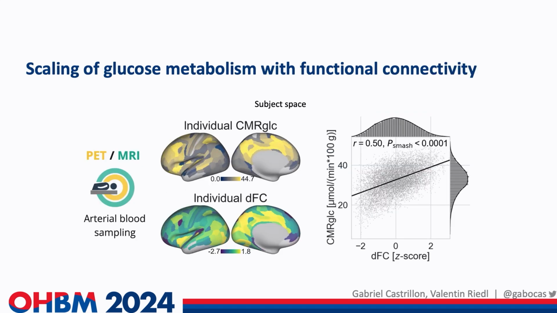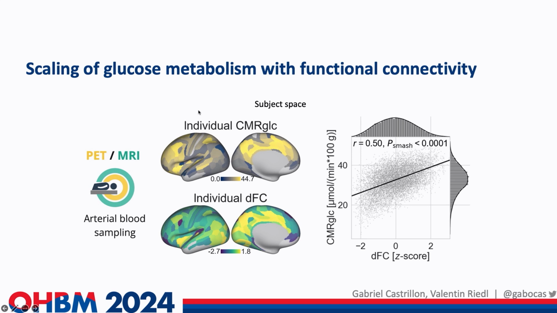It was a multimodal imaging study with simultaneous FDG PET and arterial blood sampling and resting state fMRI. From the PET, a metric of cerebral metabolic rate of glucose was derived, and you can see a map in one individual subject here.